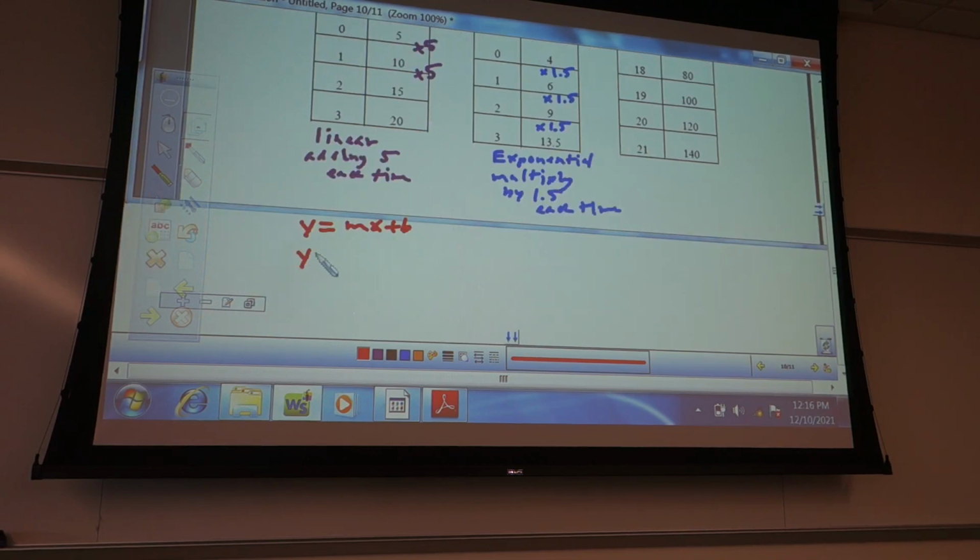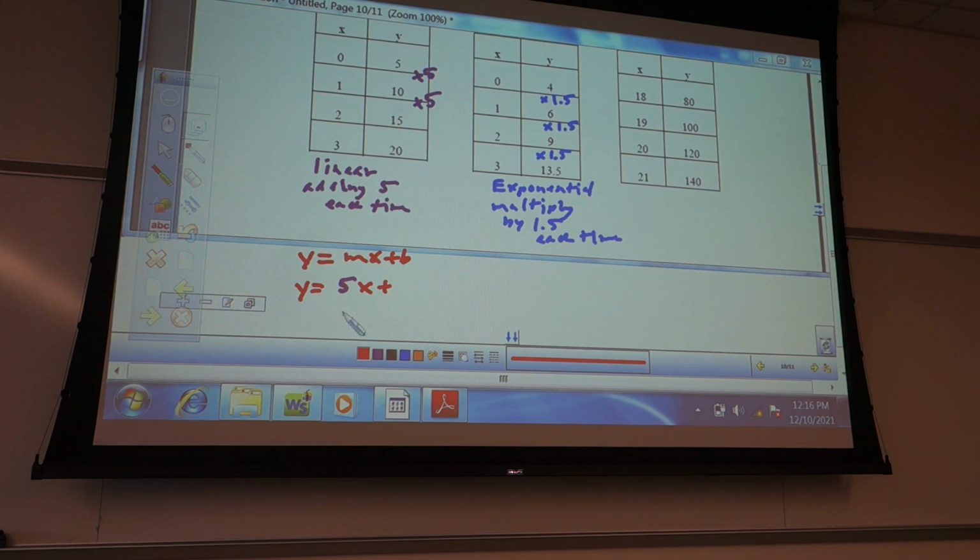So y equals 5x plus, and then my b is my initial amount. So remember that for linear, m is your slope, how much you're adding each time. B is your initial amount, what you start with.